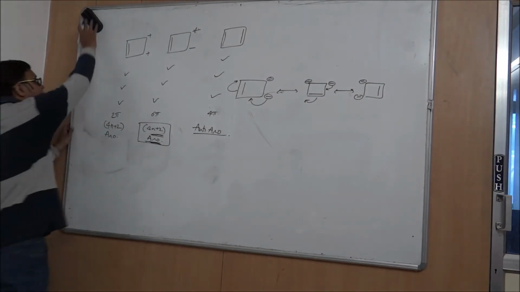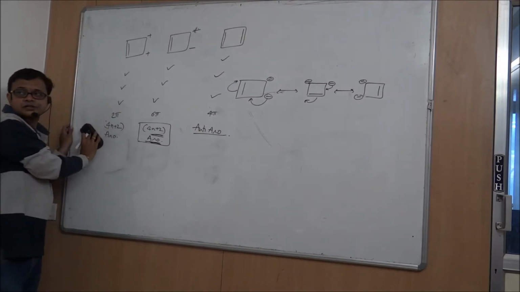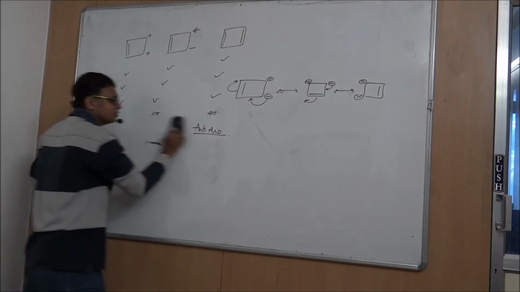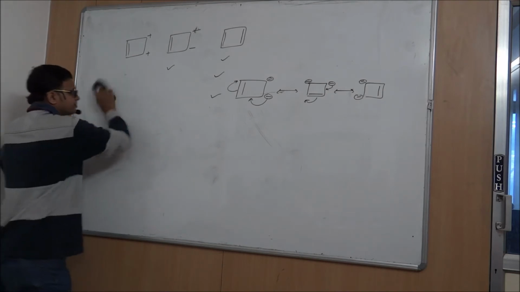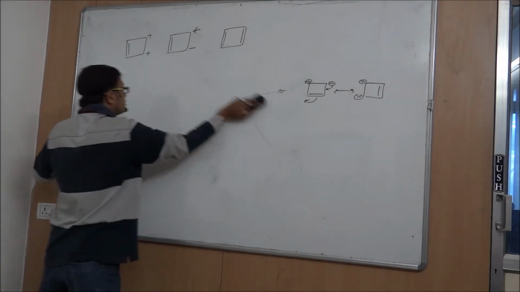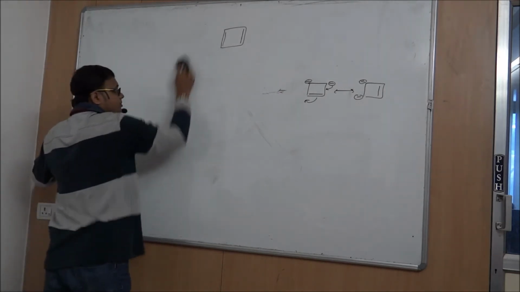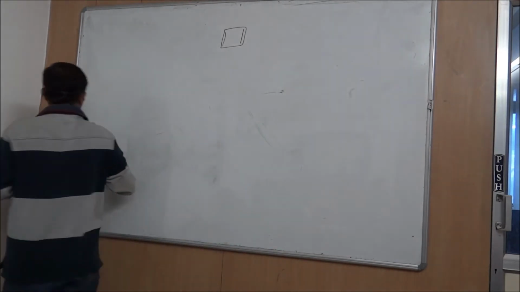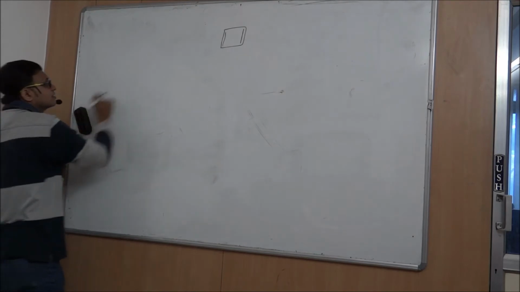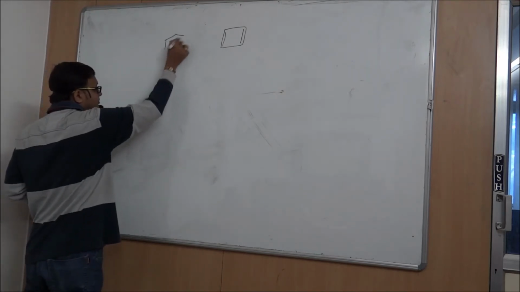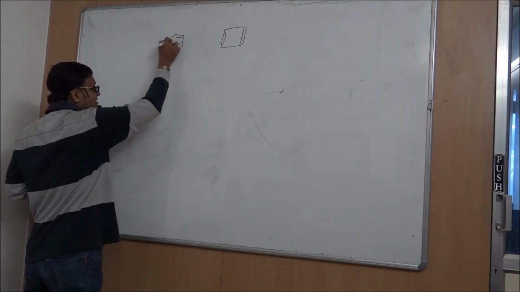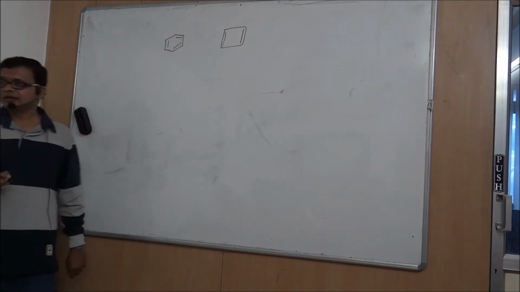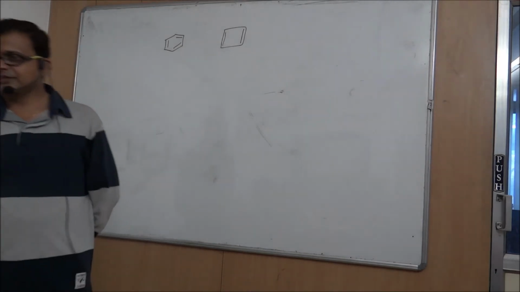So the next question is: comment on the bond length of the carbon-carbon bond in benzene and cyclobutadiene. In benzene and cyclobutadiene.